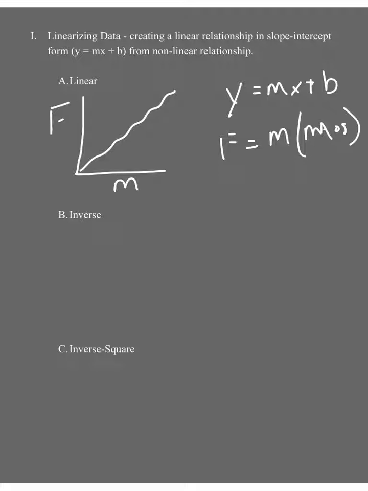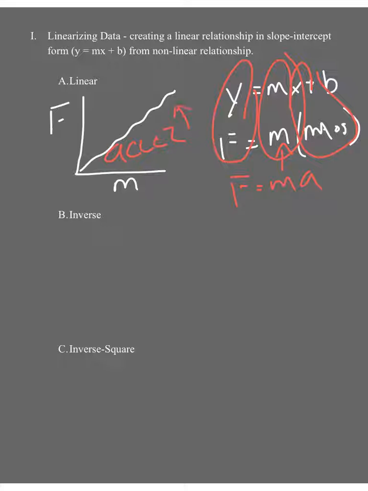And what we would see then is that y goes with force, x goes with mass, and then the slope here would be this unknown here, which obviously we know F equals ma from our knowledge of Newton's second law. So the slope of this line is acceleration. And so we would be able to determine what the acceleration is based on this graph using that y equals mx plus b.